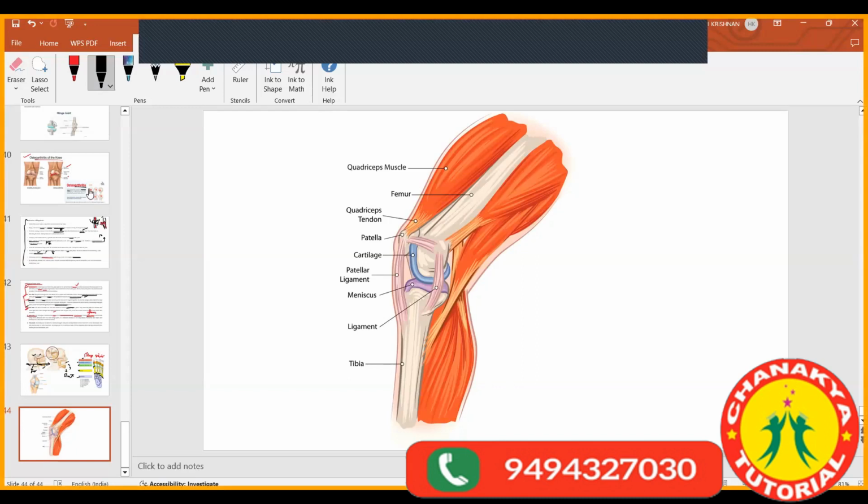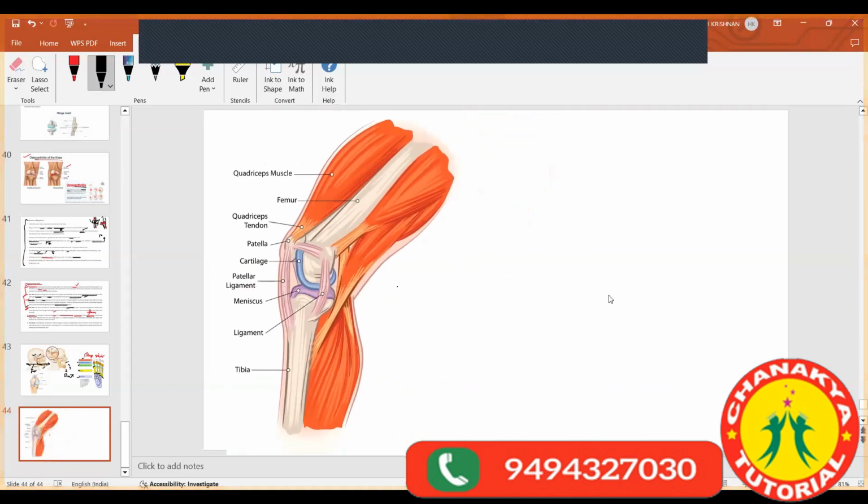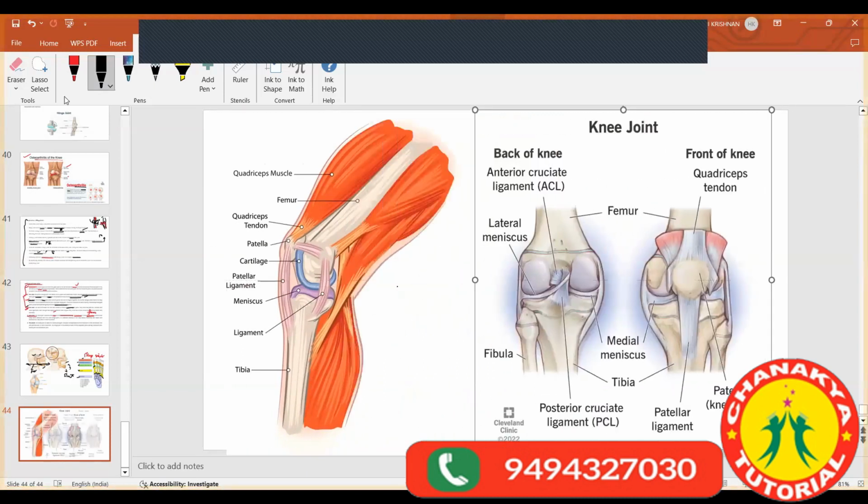Now, where is the knee joint here? Wait a minute, I'll get the knee joint. Copy image. Now see, this is the knee joint, the back of the knee and the front of the knee.